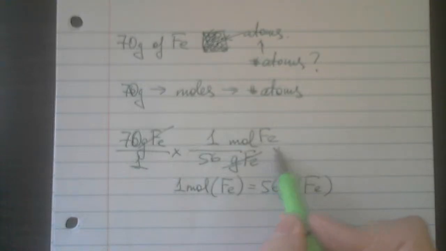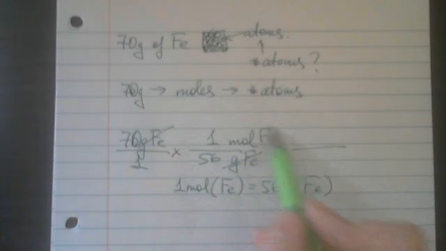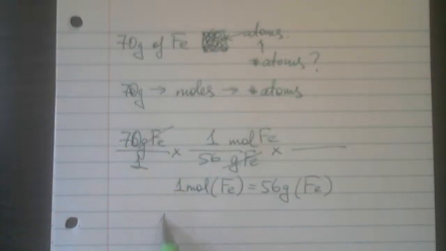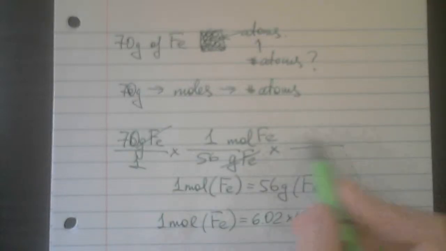cancelled out. Then my next step, number 2, I need to get out of moles of iron into number of atoms. Well, what else do I know? I know that 1 mole of iron is made of 6.02 times 10 to the power of 23 atoms of iron. So this is my second conversion factor that goes over here.